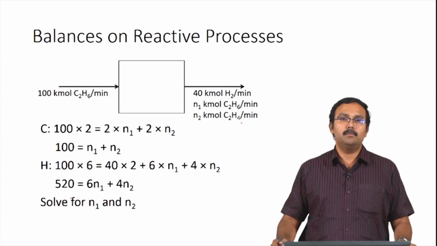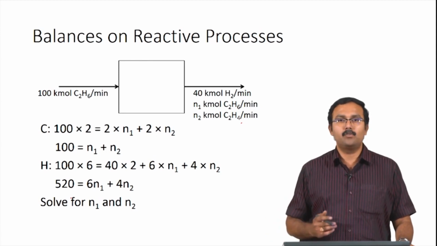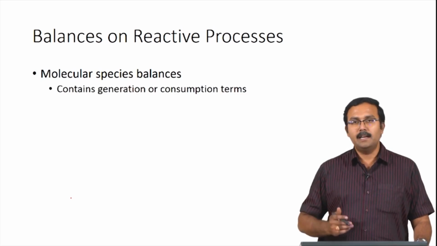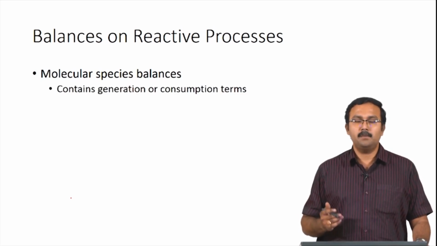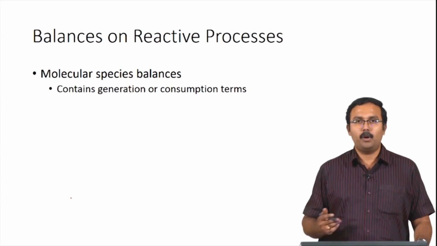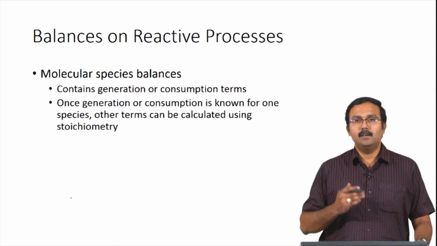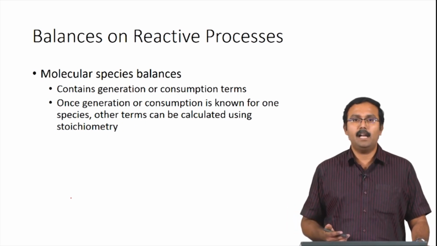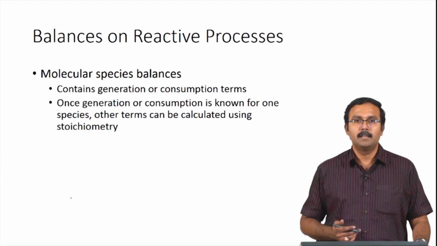So, these are 2 approaches through which we can solve material balances for reactive processes. The first technique which we used is called the molecular species balance. This will contain a generation or a consumption term depending on whether you are writing the balance for a reactant or a product. Once a generation or consumption term is known for one of the species, other generation and consumption terms can be calculated using stoichiometry.